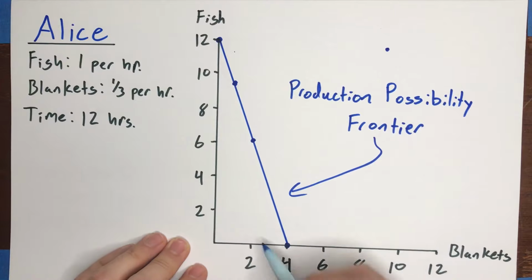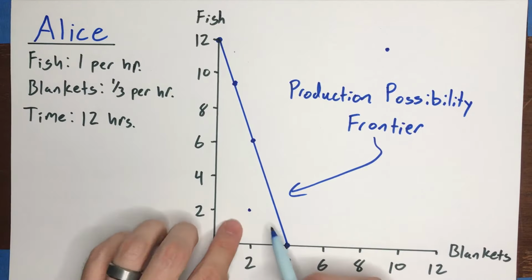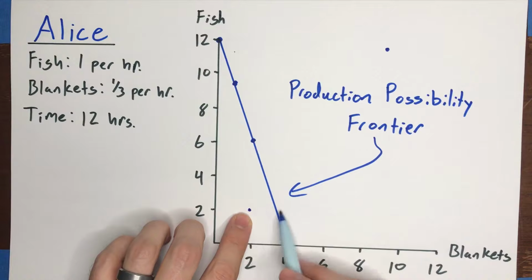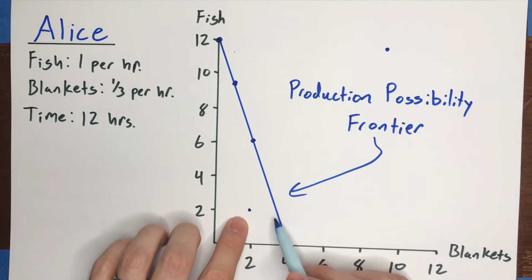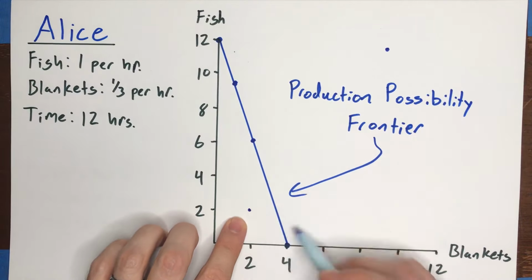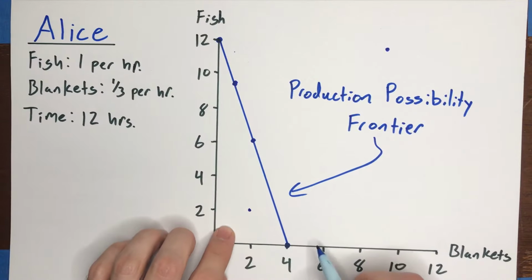Now, she could consume, let's say, 2 blankets and 2 fish if she wanted to, but she has no reason to do that because she can produce more of either both, more fish, more blankets, or more of each of those goods.